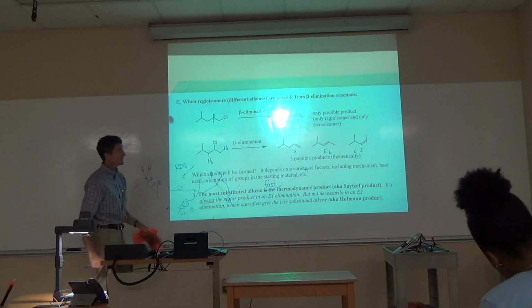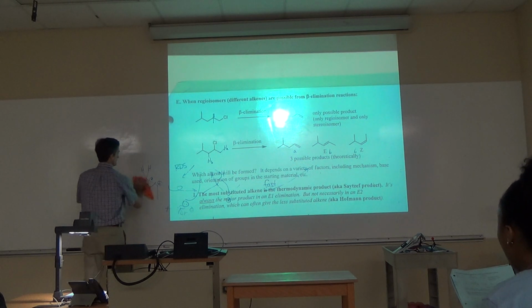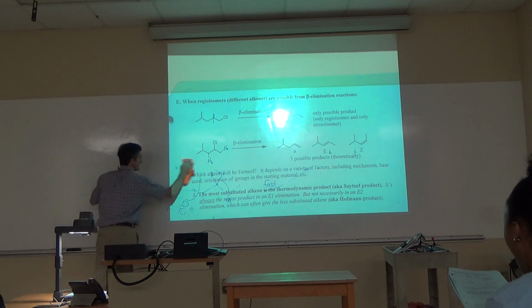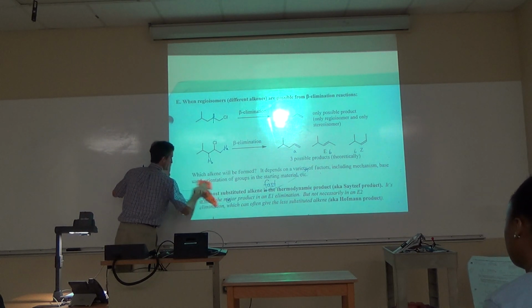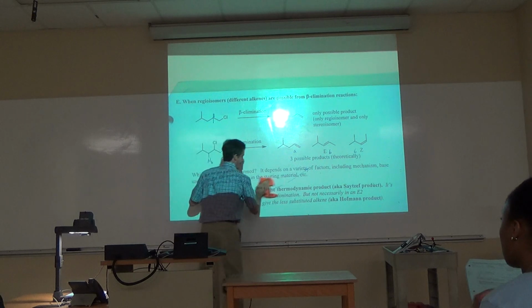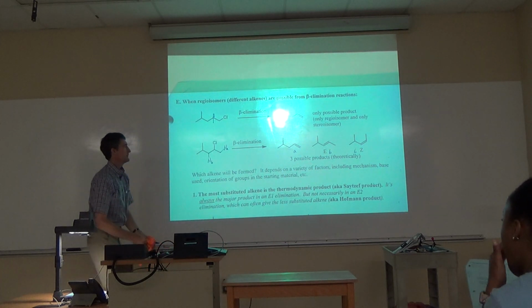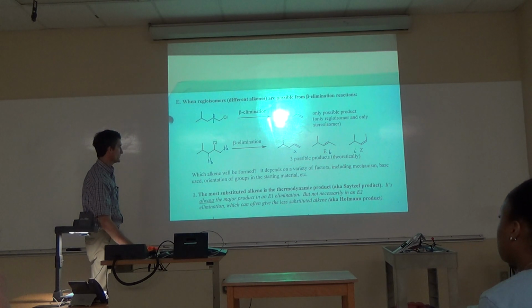Which product are we going to get over there? Well, that's what we're going to have to decide. Which alkene will be formed? It depends on a variety of factors, including mechanism, base used, orientation of groups, and the starting material.